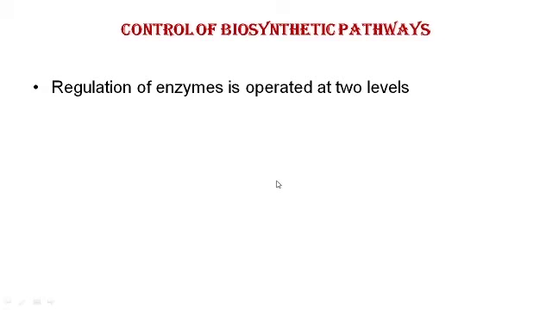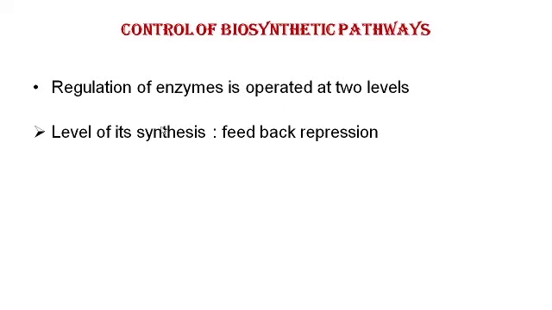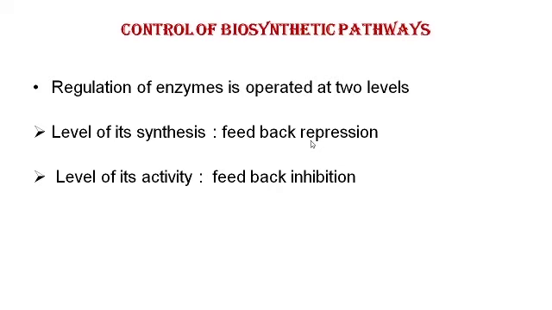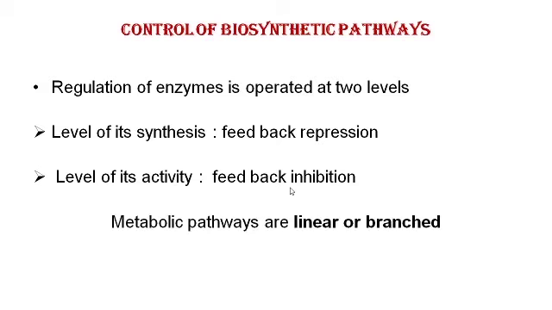The regulation of the enzyme is operated at two levels. One, at the level of its synthesis, that is at the genetic level, which is called feedback repression, and the other at the level of its activity, that is in the cytoplasm or wherever it is active, which is called feedback inhibition.